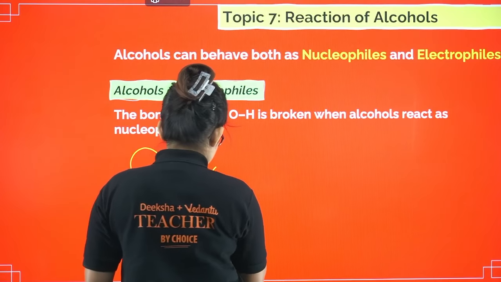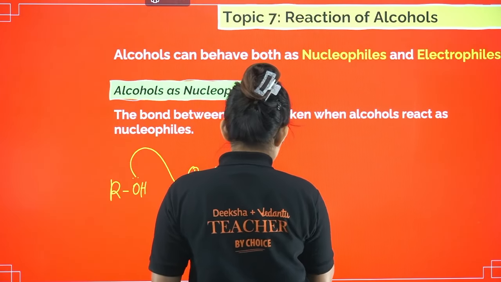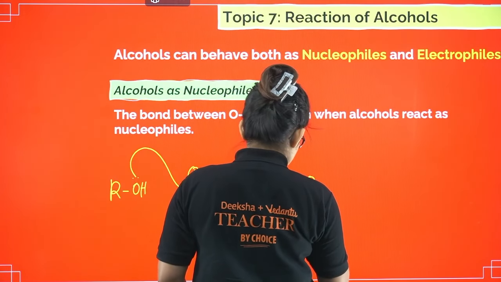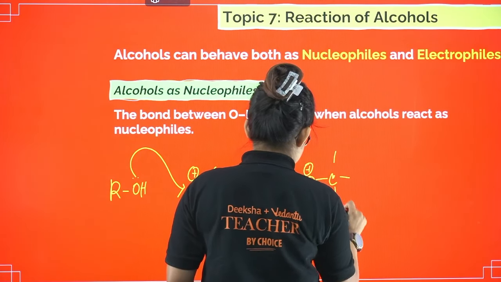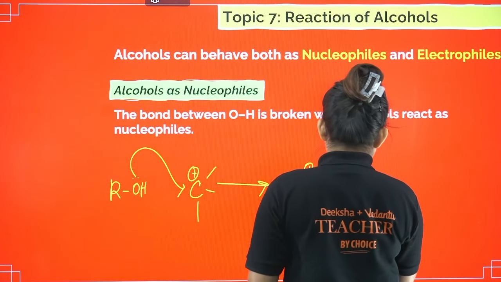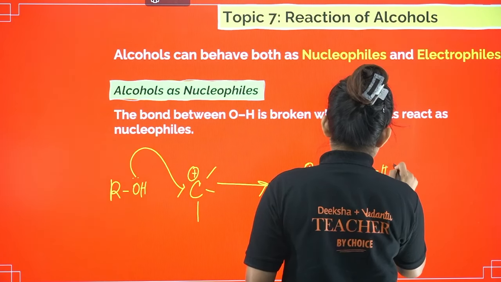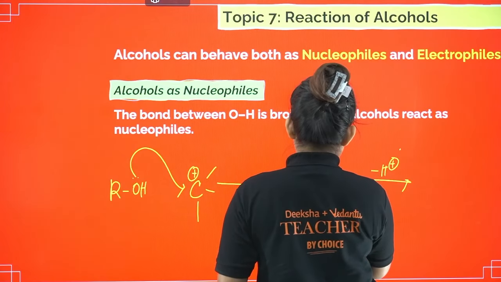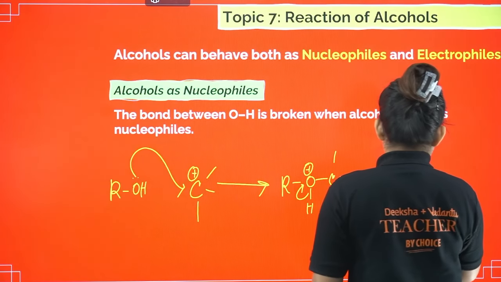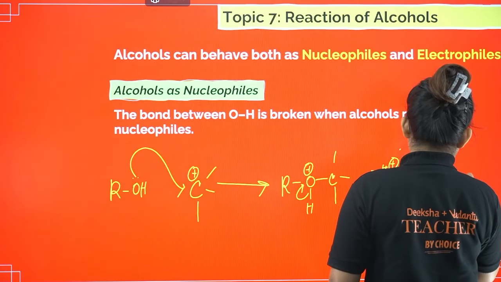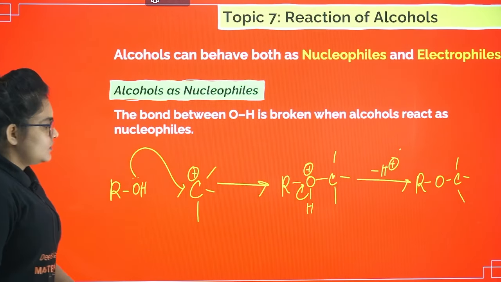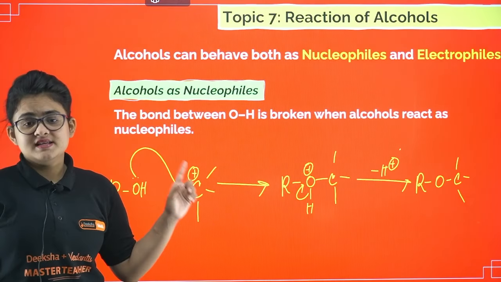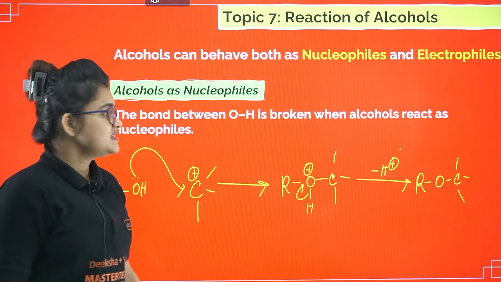As a result, the system you will end up with is R-OH with a plus sign on the carbon. Further it will release this H plus, and this bond will jump on oxygen and you will end up with ROR. So this is how it can react as a nucleophile. I guess it's clear to you.